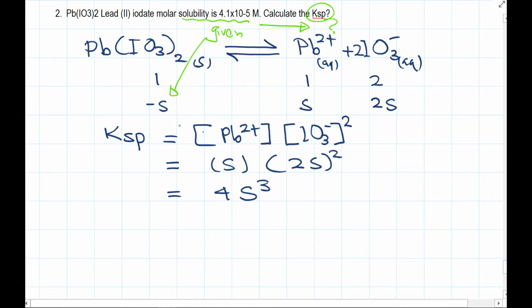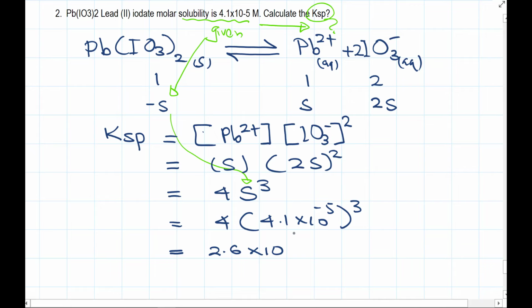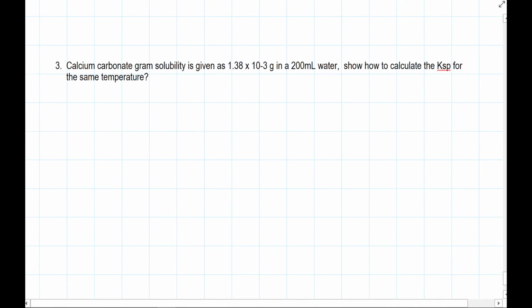We are ready to go, so plug that in. Make sure the brackets are there: 4 times bracket, molar solubility 4.1 times 10 to the minus 5, cubed. Plug into the calculator with the proper brackets and you should get this answer.